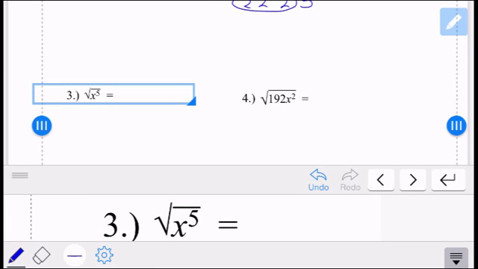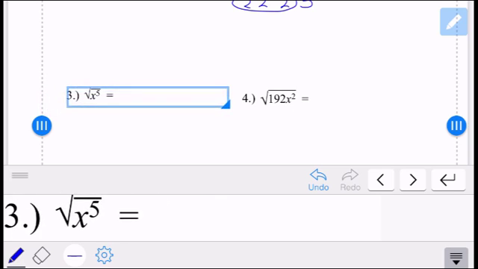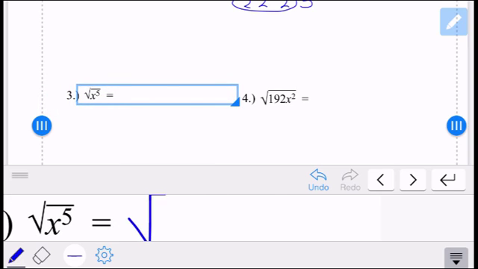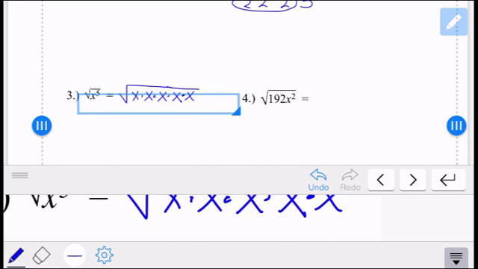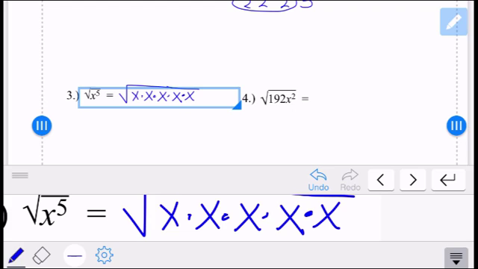X to the 5th. So when you have variables in here, let's think about this one for a second. X to the 5th, that means we're doing x times x times x times x times x, 5 of them. And we're kind of, again, looking for pairs that we can pull out of the square root.